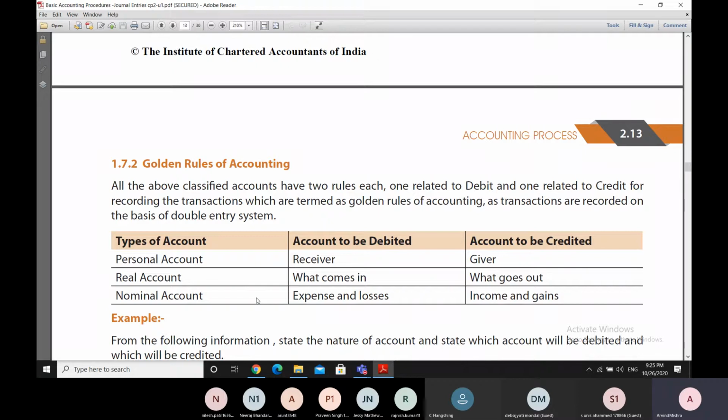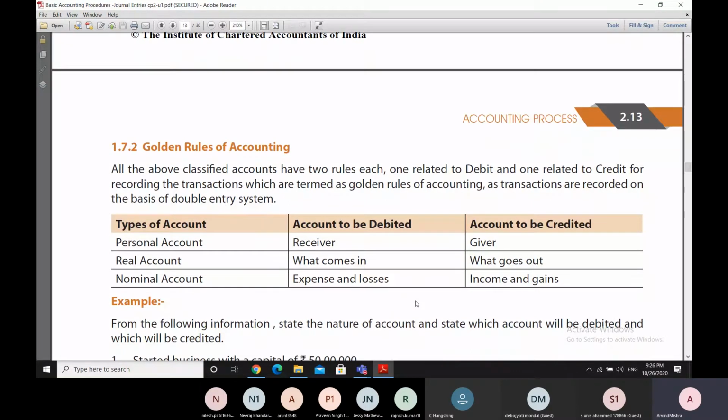And if it is a nominal account, we debit the expenses and losses and we credit the incomes and gains. These are the golden rules of accounting. The first step is to decide what type of account it is. The second step is to decide who will be debited and who will be credited based on these golden rules.